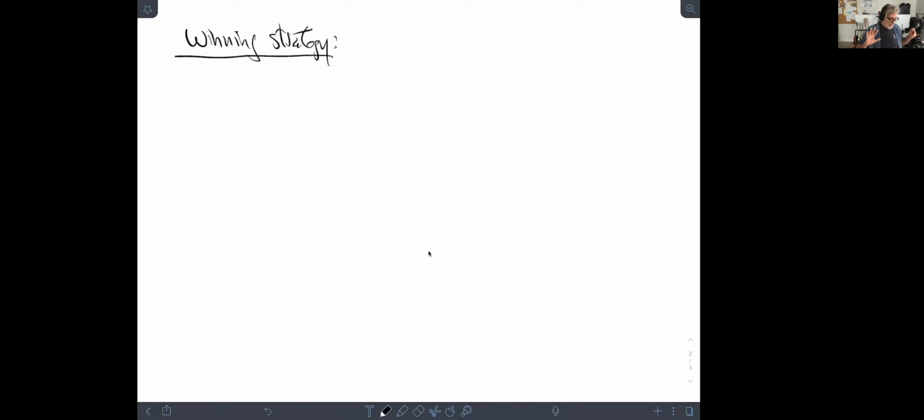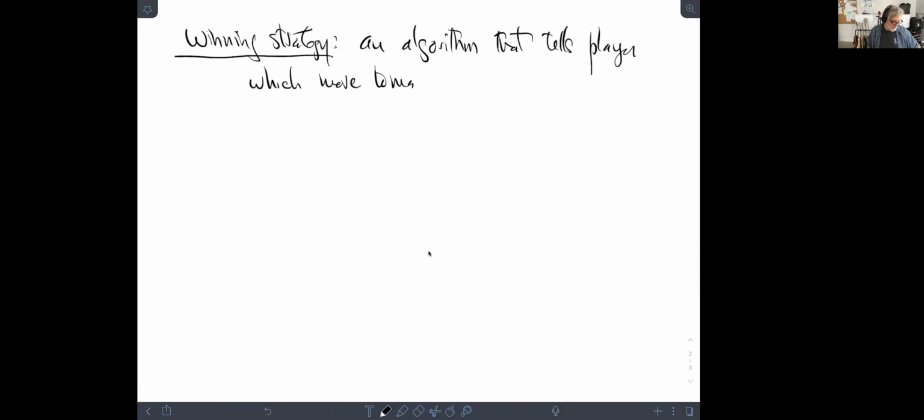Here, a winning strategy is an algorithm that tells the player which move to make depending on previous moves by both players.